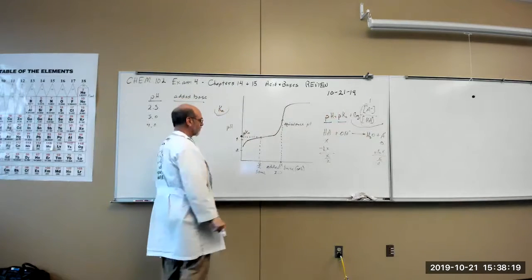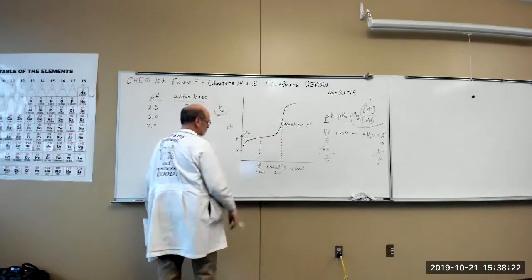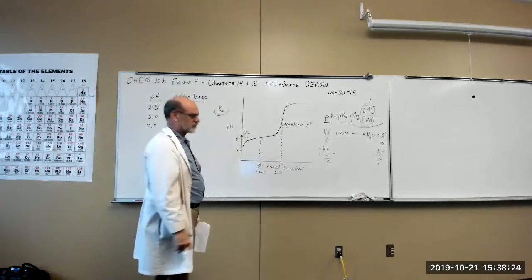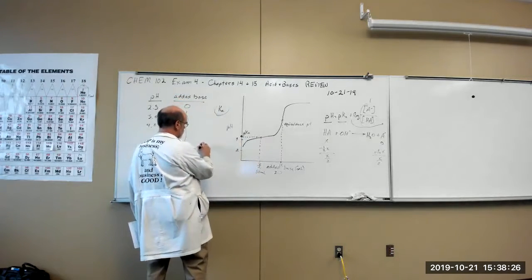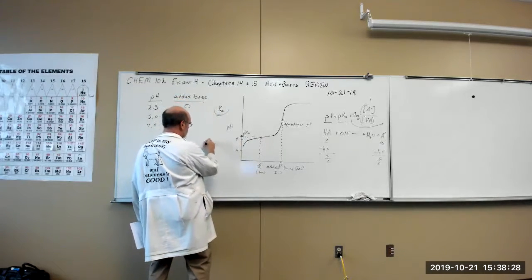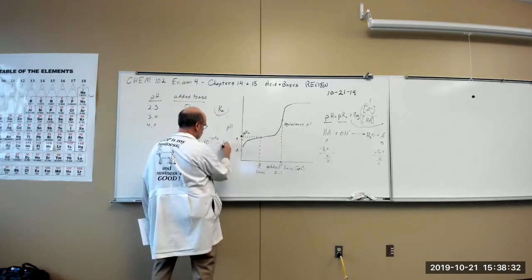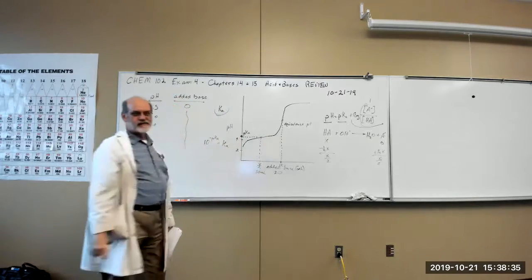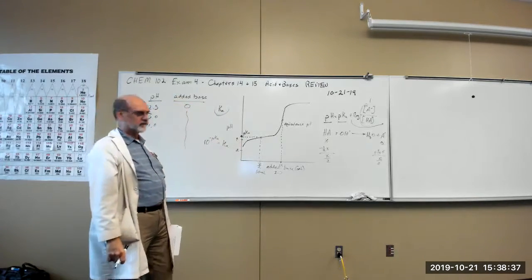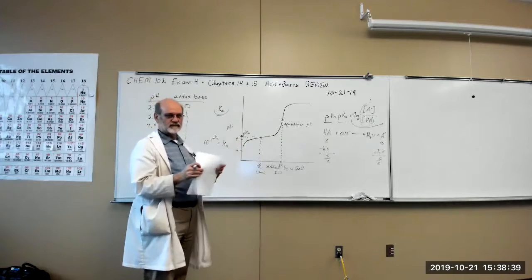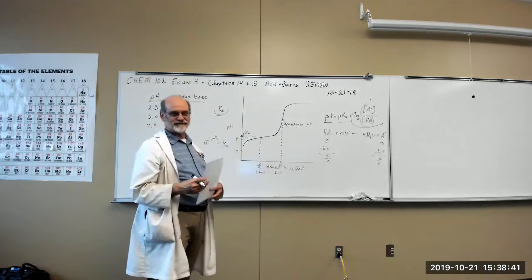That pH is pKa. Okay? And then all you have to do is take the anti-log of the negative. So you say 10 to the negative pKa is equal to your Ka. Okay? That's it. Simple. Real simple.